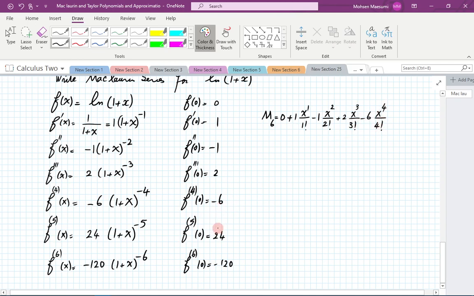That's for that. Next number is plus 24x to the 5 over 5 factorial. Finally, minus 120x to the 6 over 6 factorial. Let's clean up. So M6, this was for logarithm of 1 plus x. Well, this, of course, we don't need to write that. That is just x.